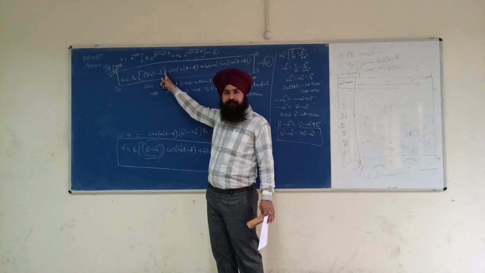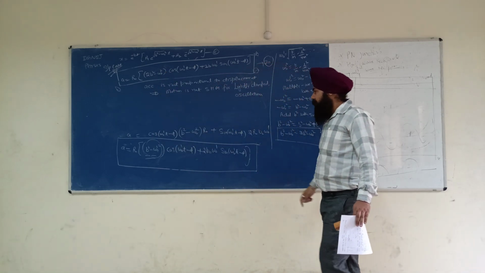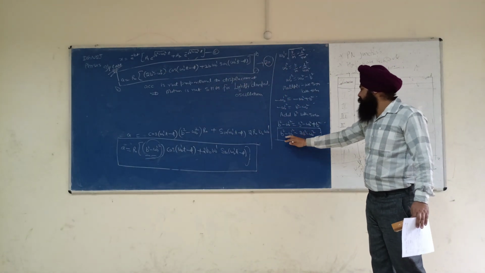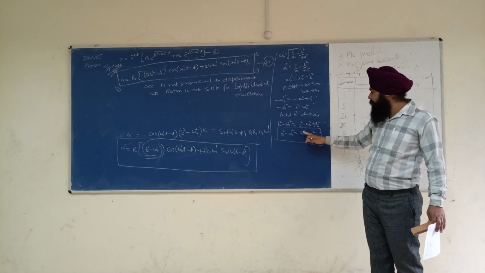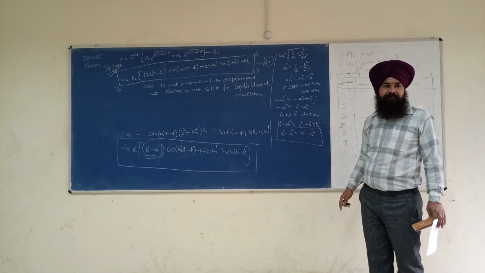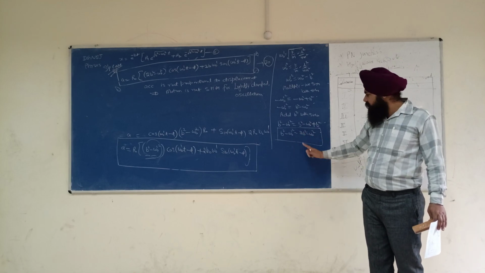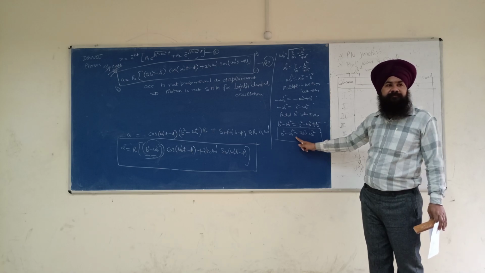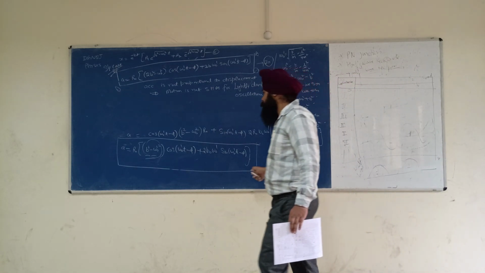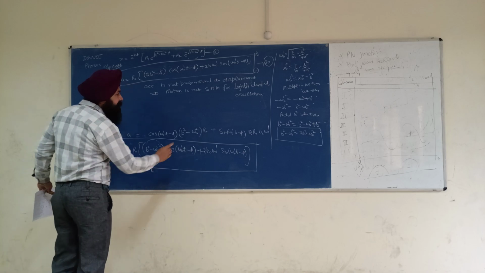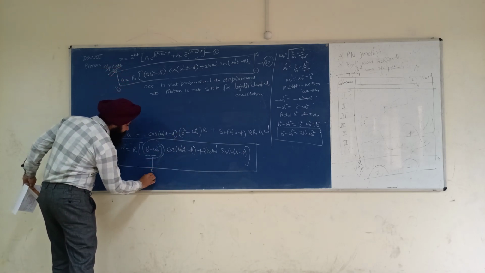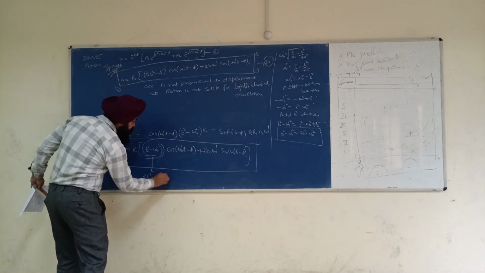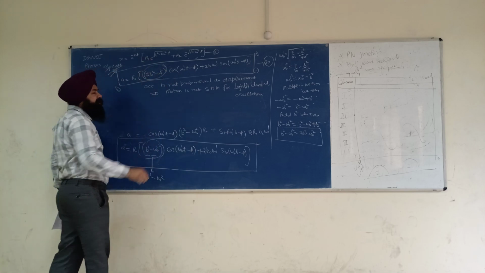Why is it 2b not 2b naught? No, this is b square minus omega naught prime square, which will become 2b square minus omega square. This is the expression we are using. This term becomes 2b square minus omega naught square, and that is why I am using it.